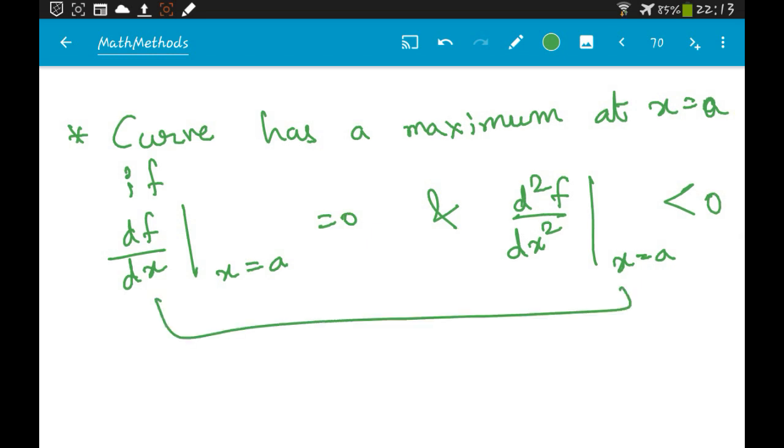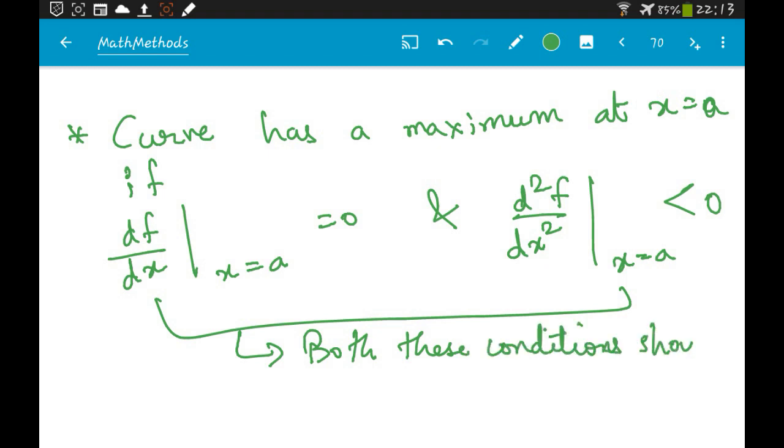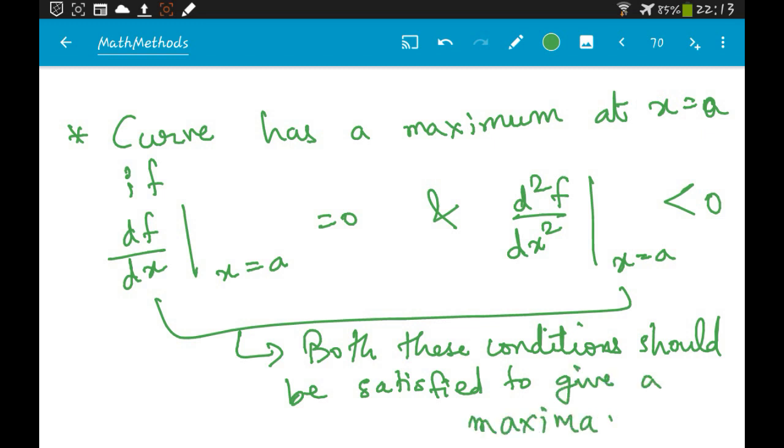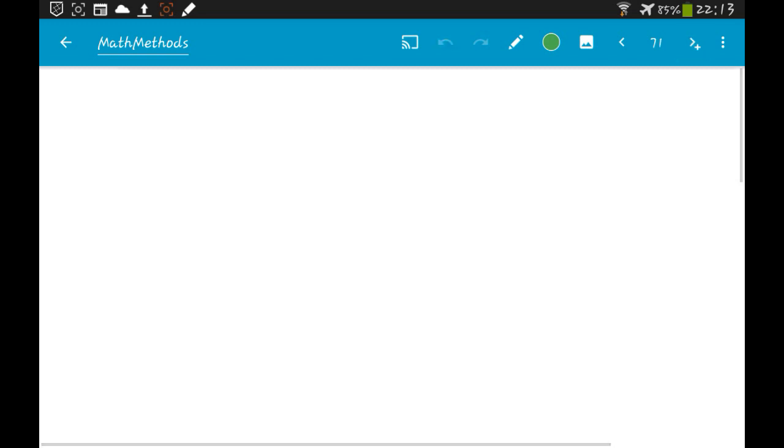Again, both these conditions should be satisfied to give a maximum. Okay. So let's look at an example and see what we have.